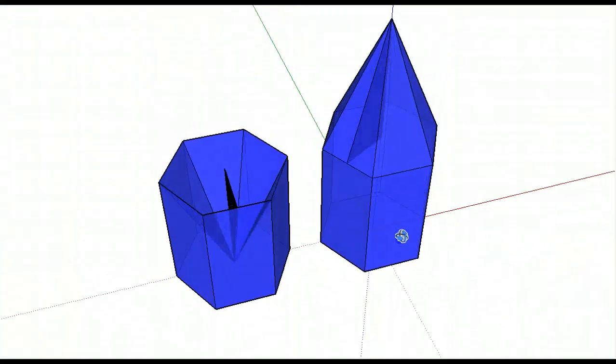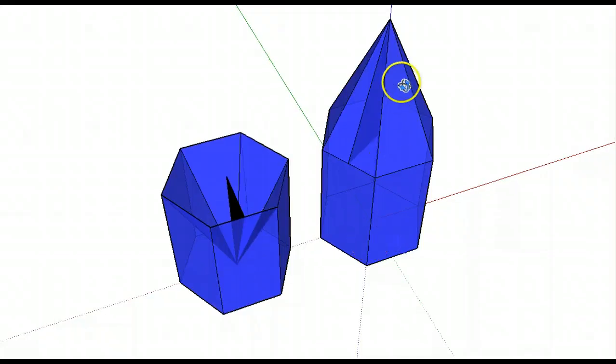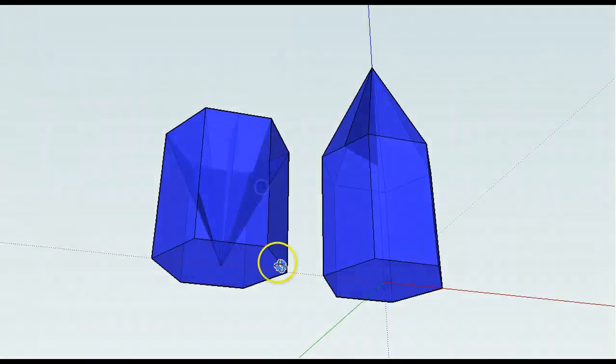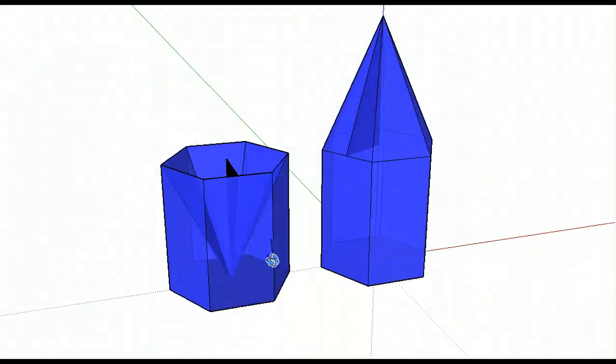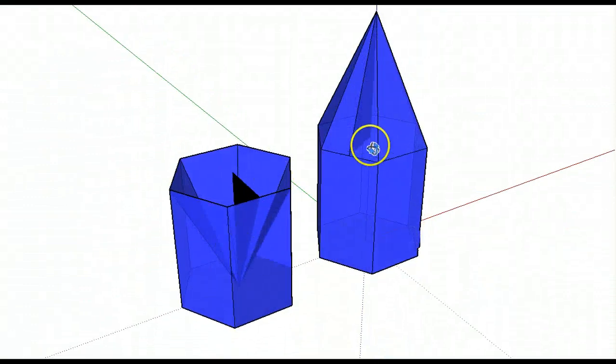So to figure out my total surface area, I need to add the lateral area of my pyramid, all of these triangles, plus the lateral area of my prism, all of these rectangles, and a bottom. In fact, both of these shapes will have the same surface area. Whether the pyramid is attached at the top or the pyramid is attached in, both of these shapes will have the same surface area.